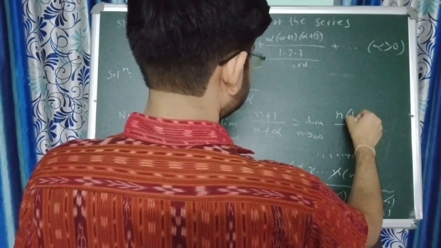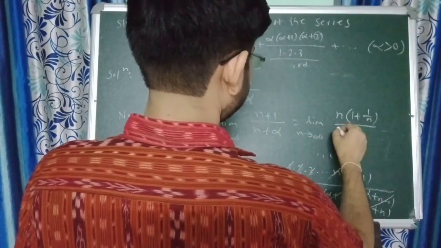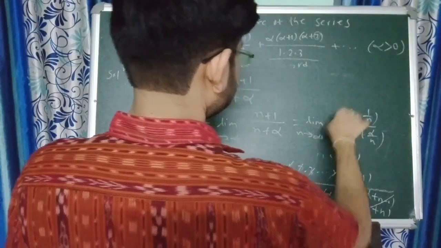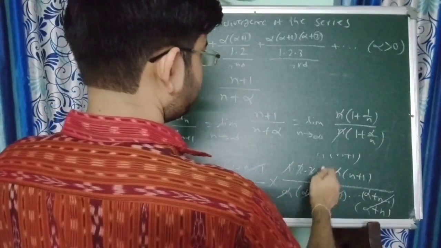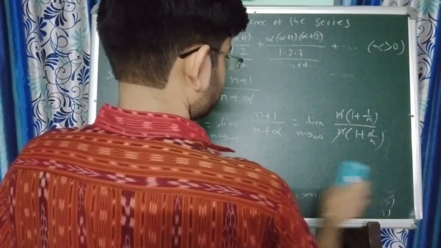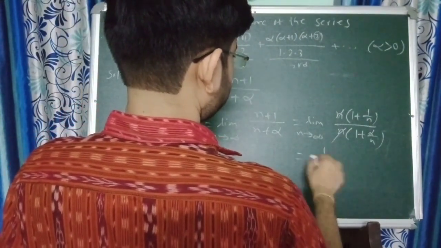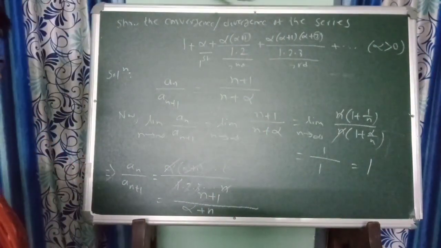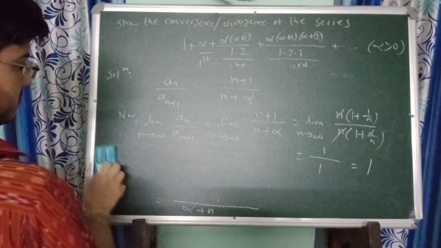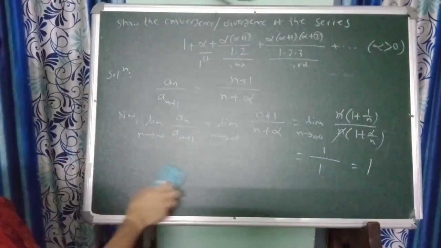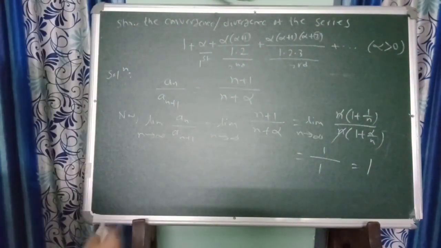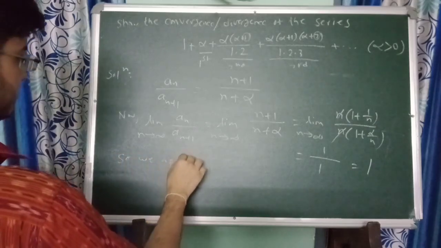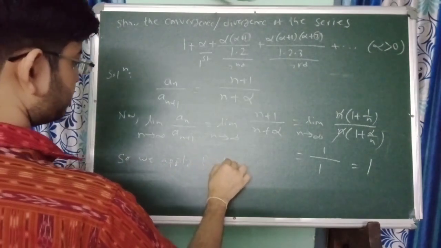Taking n common, this is 1 plus 1 by n over 1 plus alpha by n, cancel n, and when n tends to infinity, the numerator part goes to 1, the denominator part goes to 1, 1 by 1 is 1. So also here the ratio test fails. So we apply Raabe's test.